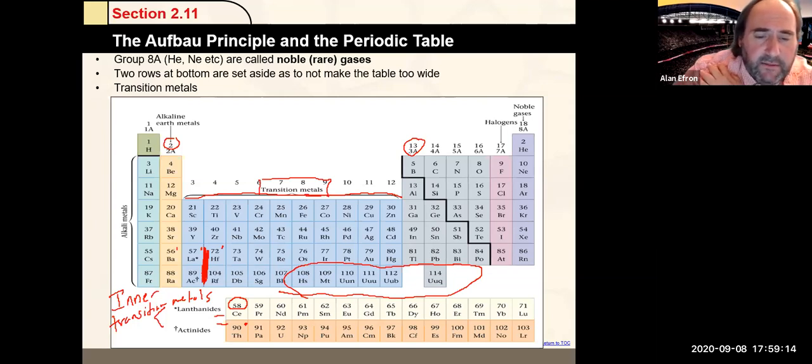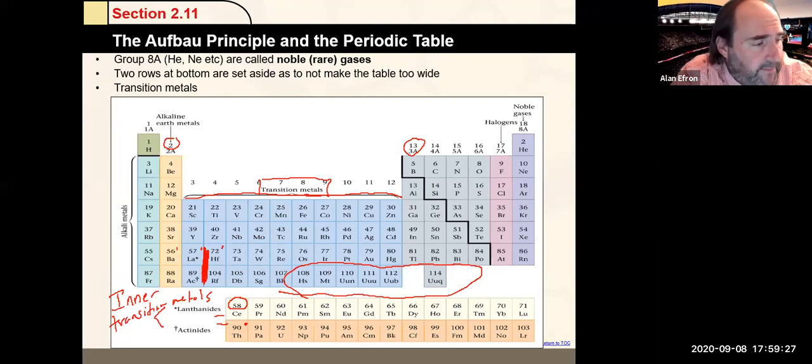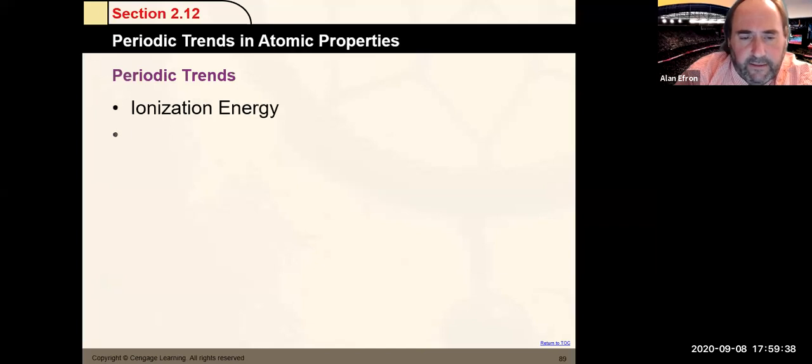Okay. So now we have officially talked about the periodic table. Let's talk about periodic trends, and some trends that we see on the periodic table that help us understand what happens with certain elements, especially when certain elements get together for bonding and stuff like that. So let's take a look at that. This should hopefully pick back up on your notes at this point.